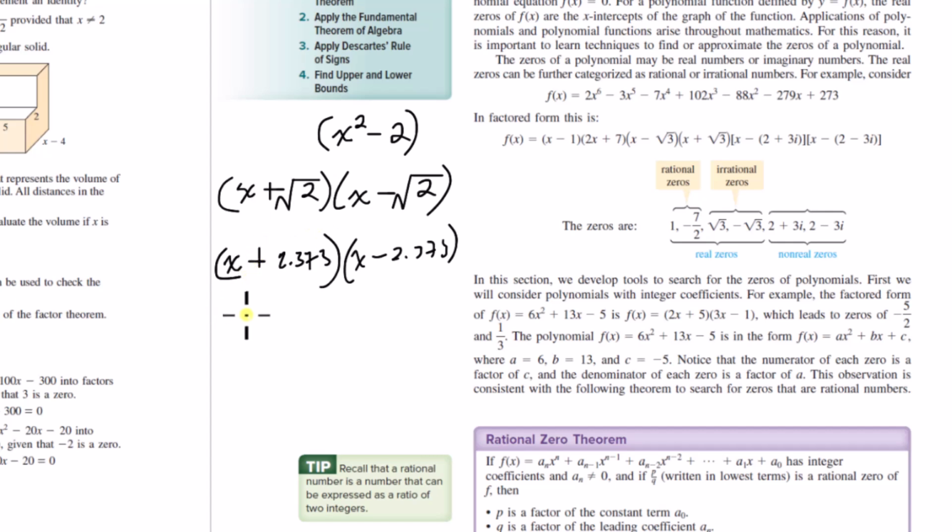And so another way to look at that is we know from the factor theorem that with a polynomial we can plug in different x values to see if that x value makes the polynomial equal 0, and if it does, we know that x minus that value is a factor.